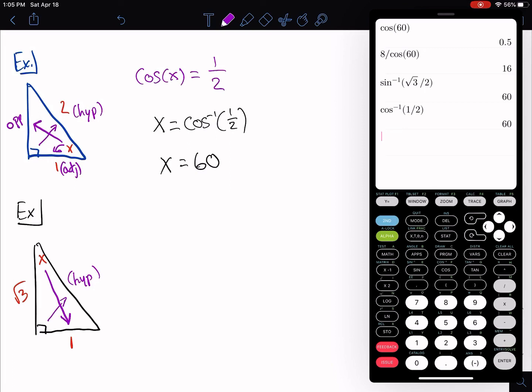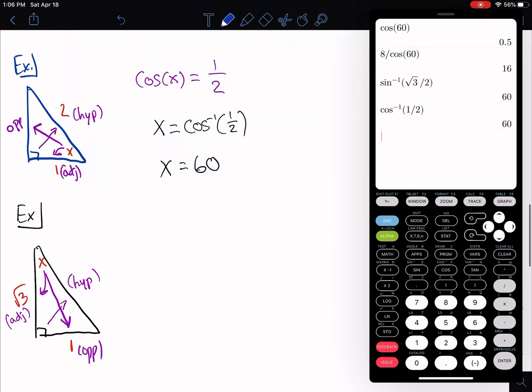Again, the same rules apply. It's still what's across from the x that is the opposite. So there's our 1, that's going to be the opposite. And then next to the x, which has not already been labeled, that's why we label the hypotenuse first, that third side is the adjacent side. Okay, so we now have the adjacent side and we have the opposite side. So the question becomes, which trig ratio uses opposite and adjacent?